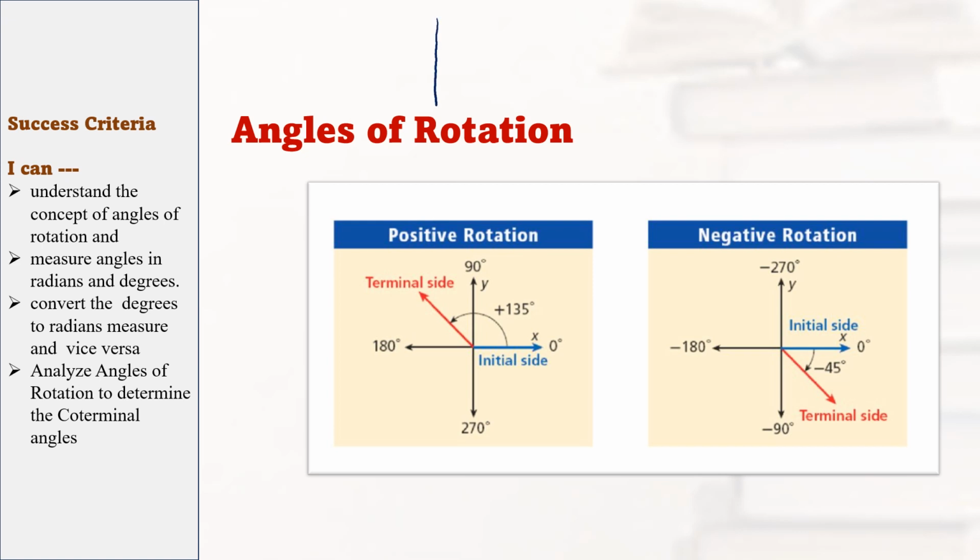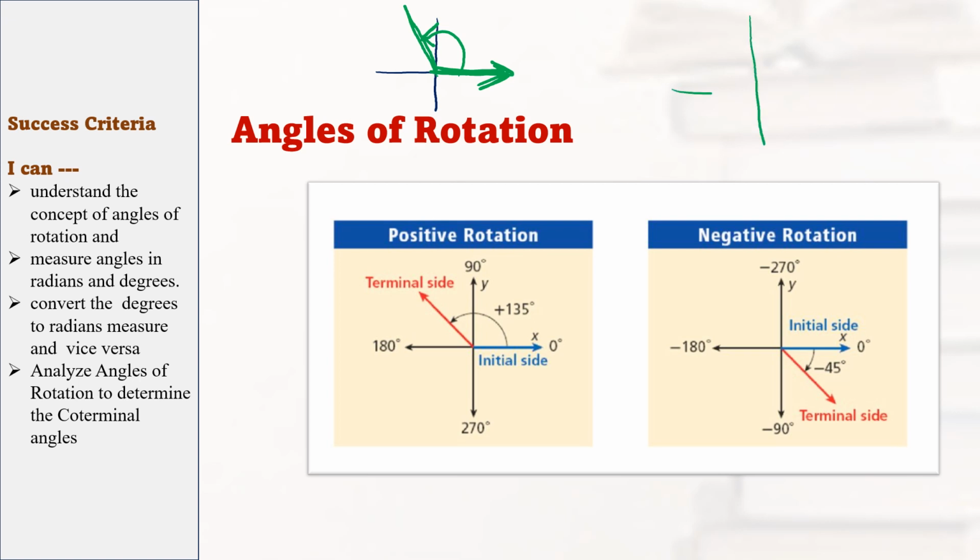In this coordinate plane, the initial side should be at the origin, whereas whenever you make an angle by moving the ray in the anti-clockwise direction, you will have the positive angle of rotation.